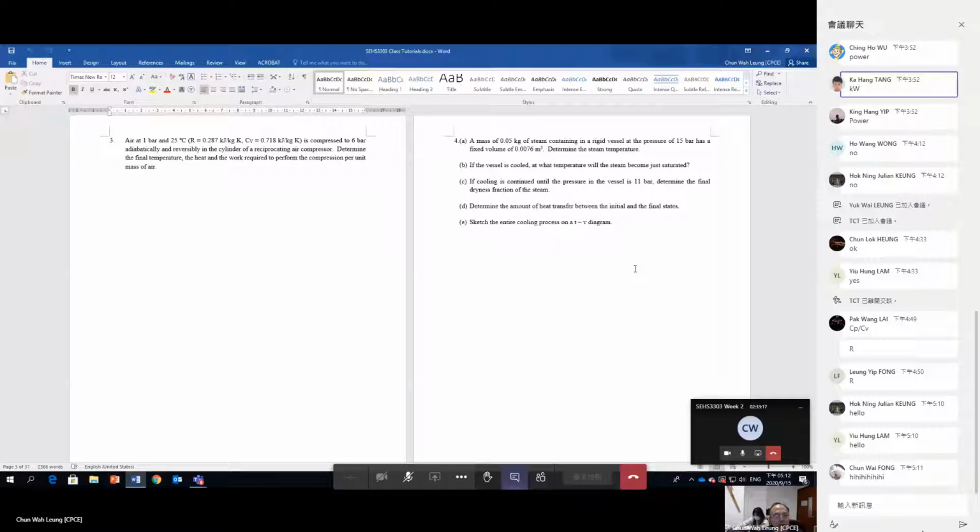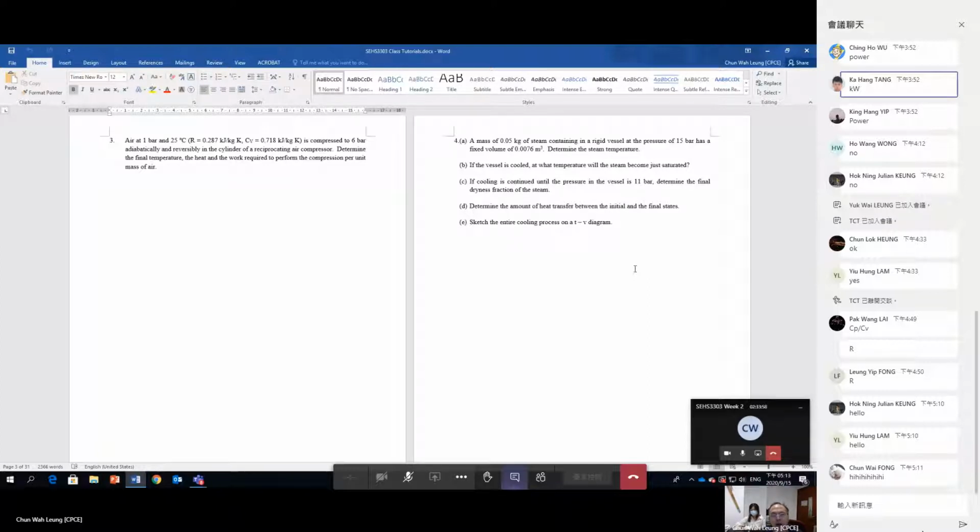So air at 1 bar and 25 degrees centigrade is compressed to 6 bar adiabatically and reversibly in a cylinder of an air compressor. So this is inside the cylinder of an air compressor. So therefore, there's no doubt this is a non-flow system. Right? So the first thing, tell yourself it is a non-flow or it is a flow. Right?